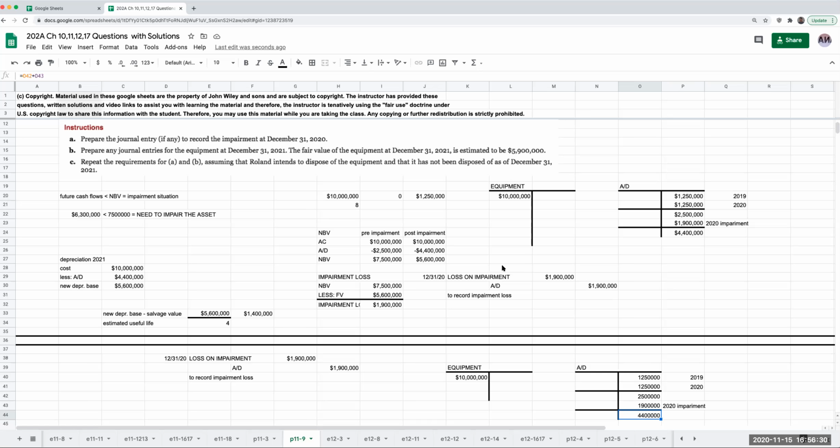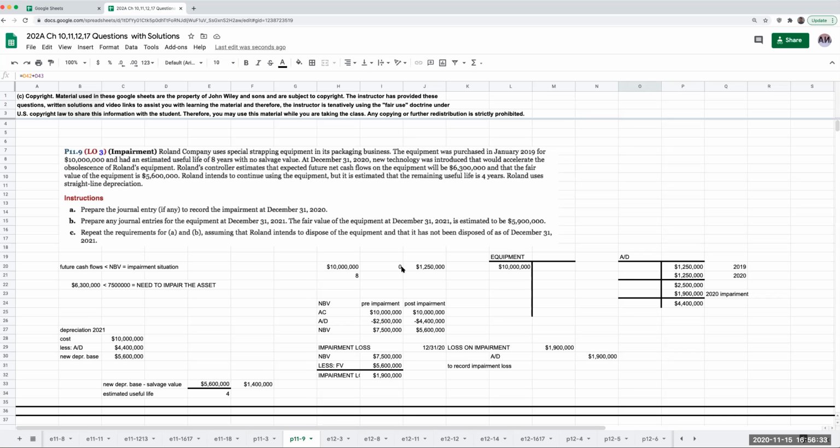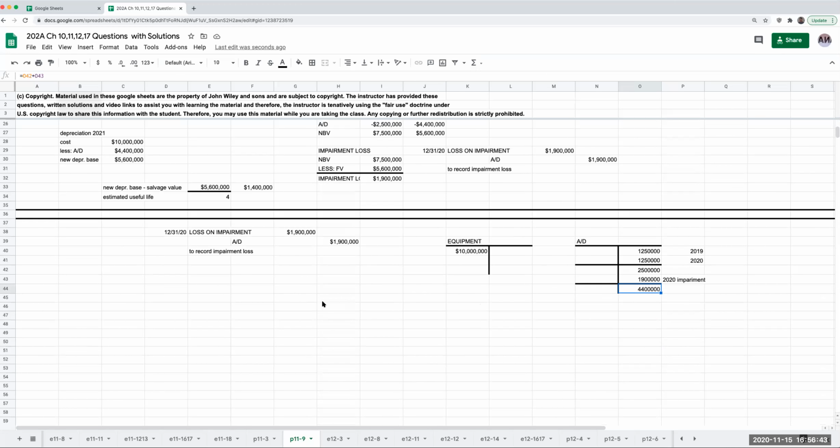Now, the thing that will change though, is that if the value of the asset goes up, which it did, to 5.9 million, then what I can do is say, okay, my carrying value, or basically my net book value, at 12/31/20, is equipment less the accumulated depreciation, which is assets held for sale.